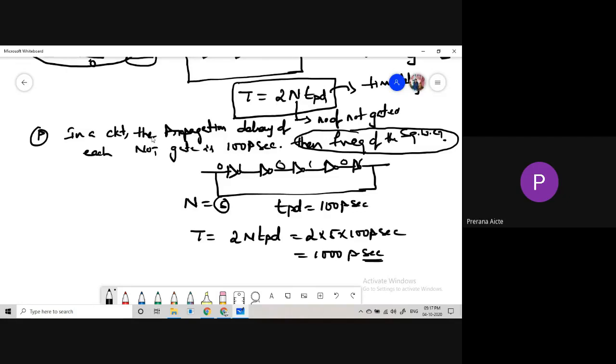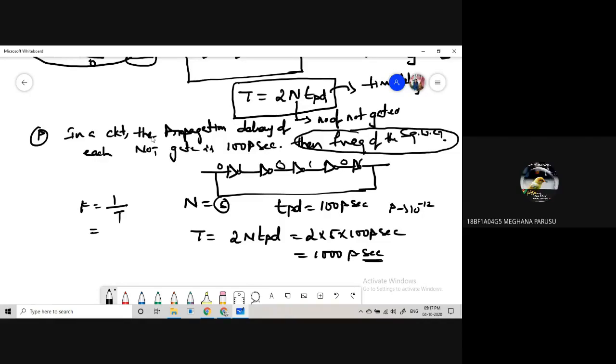What is the formula for frequency? F equal to 1 by T. Here T is 1000 picoseconds, and pico is 10 power minus 12.